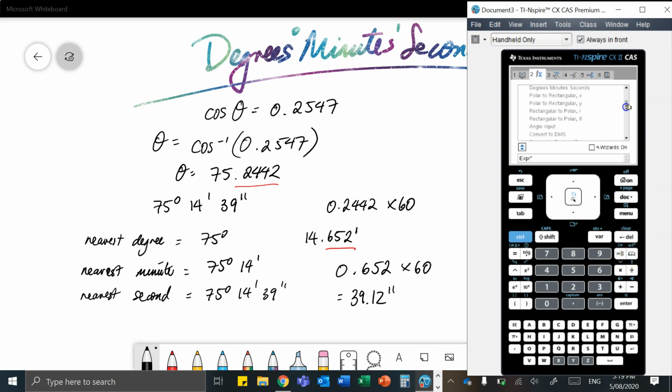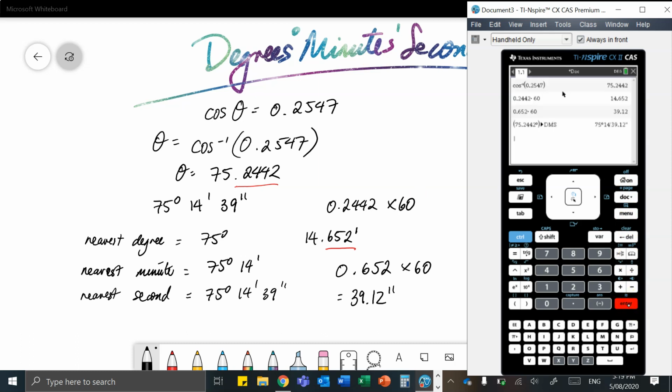When you scroll down, it will say convert to DMS. We'll hit that, hit enter, and enter once more, and we've got 75 degrees, 14 minutes, and 39.12 seconds.